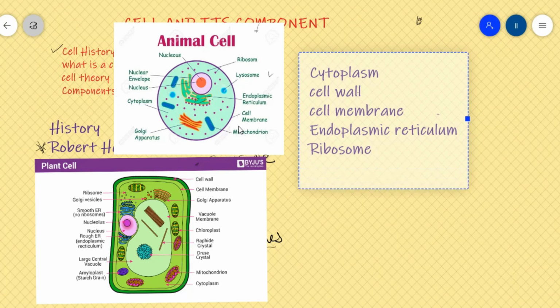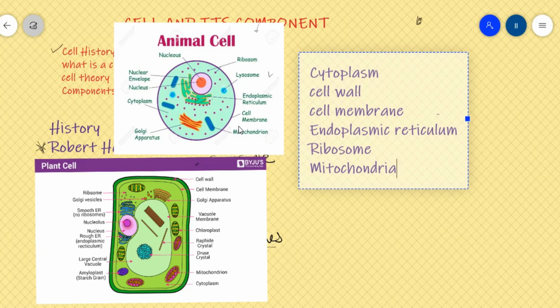So we'll talk about the next organelle, which is the mitochondria. Oh, mitochondria, an interesting organelle. The cellular powerhouse is another name for these organelles. They are tiny rod-shaped bodies or granules present in the cytoplasm.